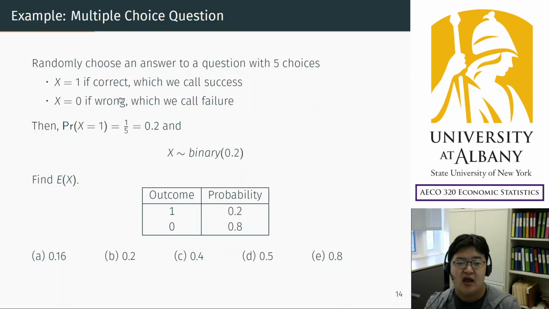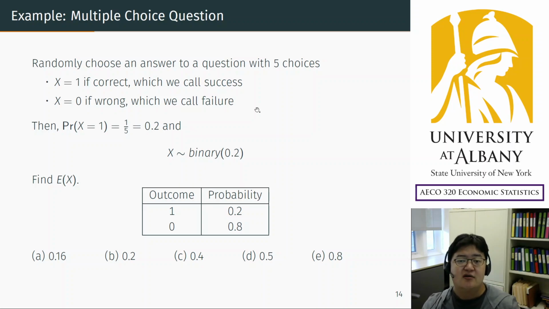if wrong. And in this case, 1 and 0 have meanings, so it is natural to call it success when you choose the correct answer and failure when you choose the wrong answer. And we know because there are 5 choices and only one correct answer, the probability of choosing a correct answer is 1 out of 5, which is 20%.